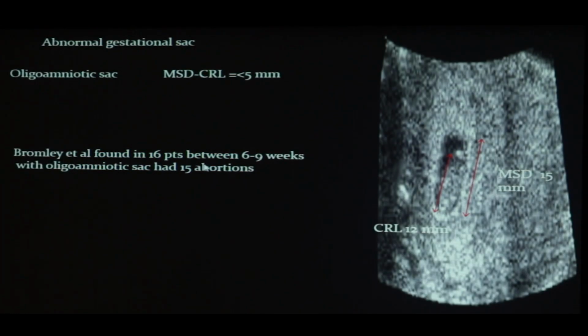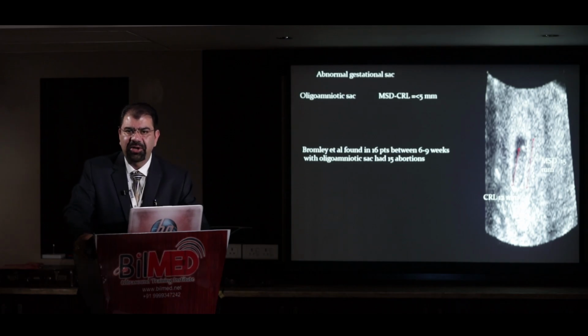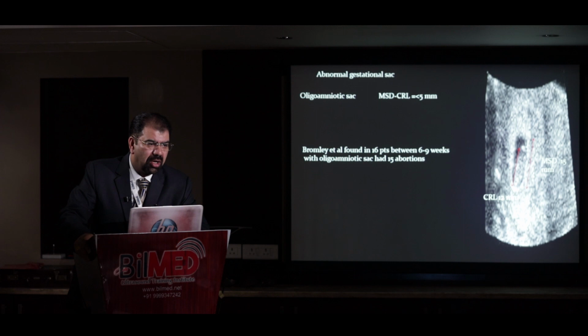It means that 15 sacs were lost from 16. So more than 90% of oligoamniotic sacs will be lost. So now there is a patient who is in India, has to go to the US day after tomorrow, you will not allow her.